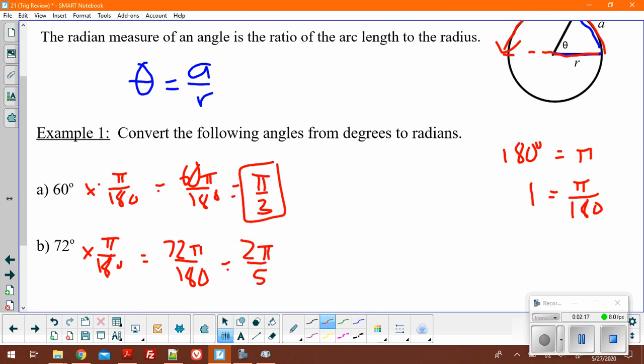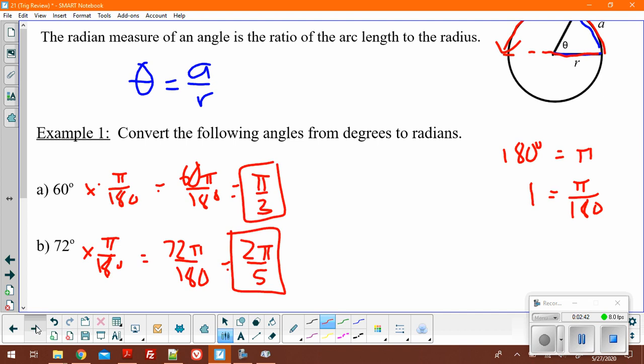A lot of calculators, if you have a nice display calculator, might actually reduce those for you automatically. On the calculator I'm using here at home, if I do 72 pi divided by 180 and press equals, it automatically gives me 2 pi over 5. So if you have that option, that's handy.